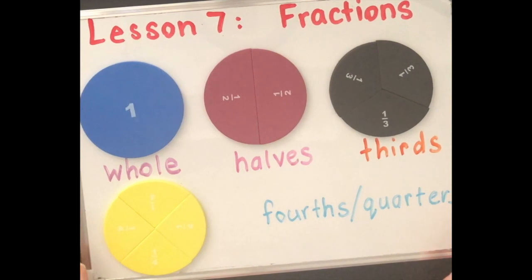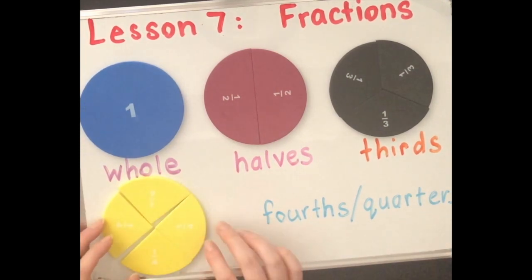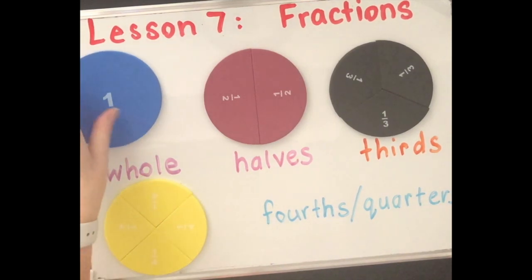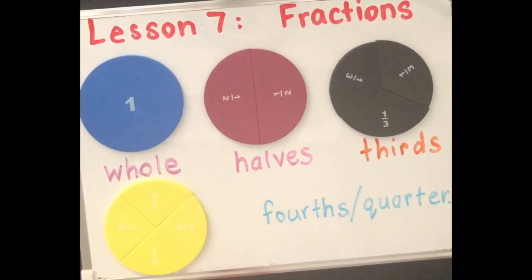You might remember from our lesson about American money, we call the coin that is worth 25 cents 1/4 because 1, 2, 3, 4 quarters makes one whole dollar. The most important thing to remember with fractions is that when we split our whole shape into fractions, each part must be equal, okay?